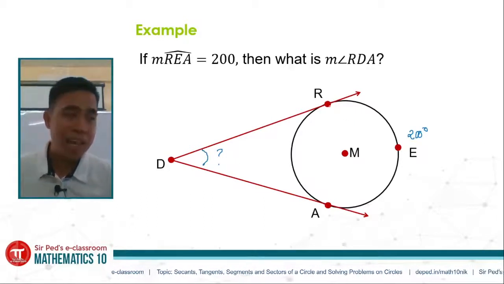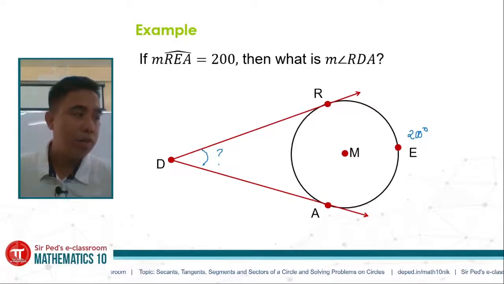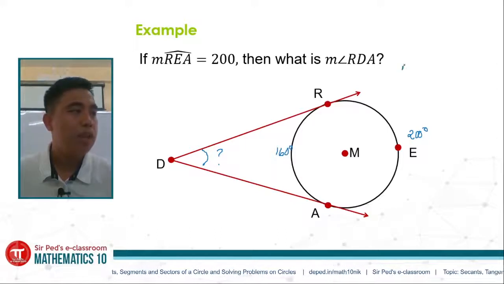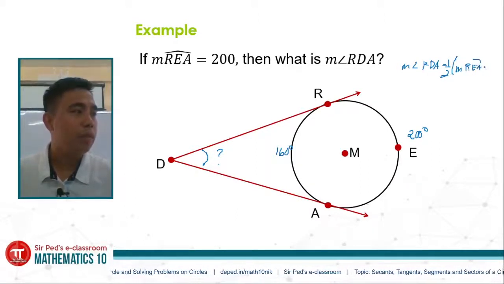So in this case, take note, the sum of this is equal to 360. So if that is 200, therefore this is equal to 160 degrees. So the measure of angle RDA is equal to 1/2 the measure of arc REA minus the measure of arc RA.